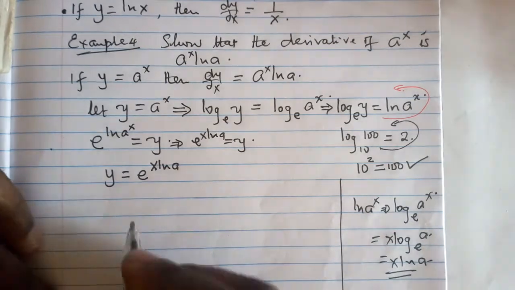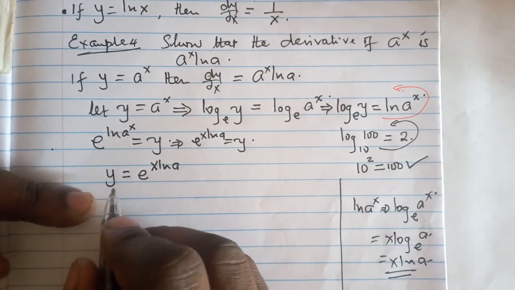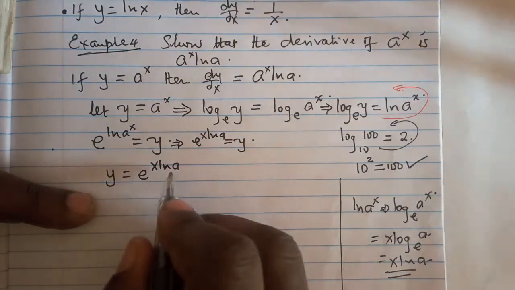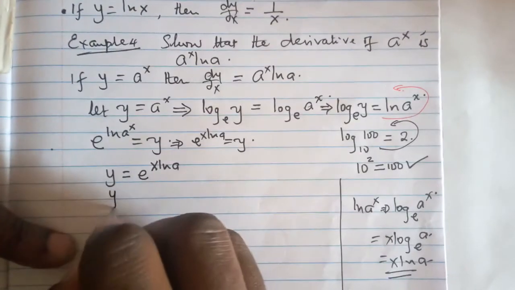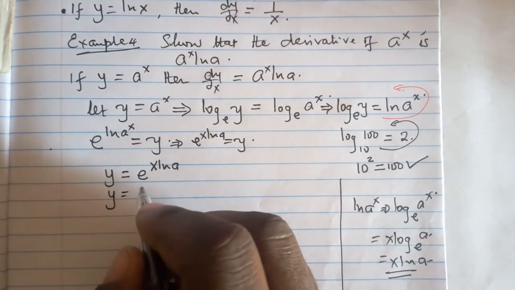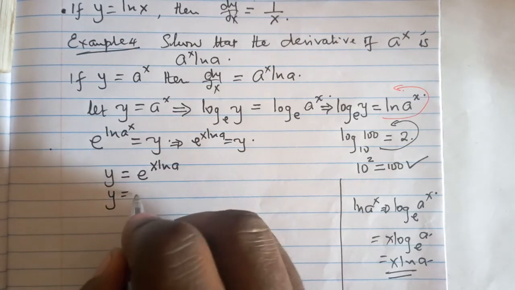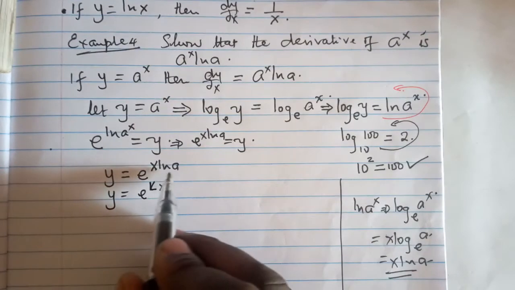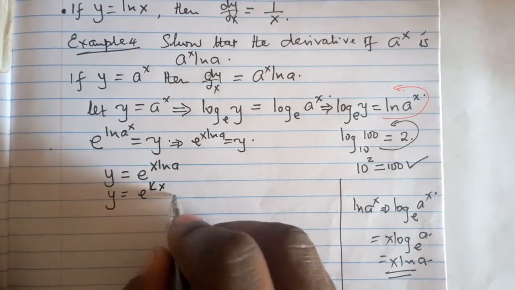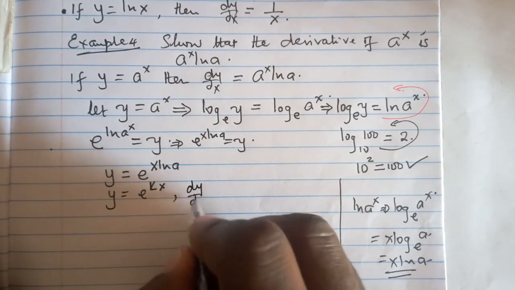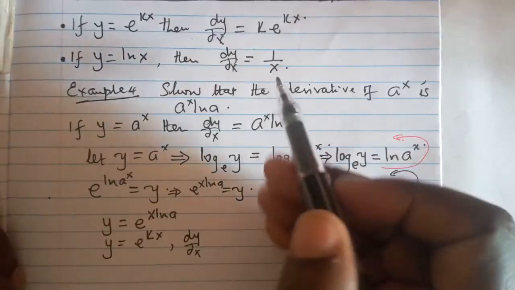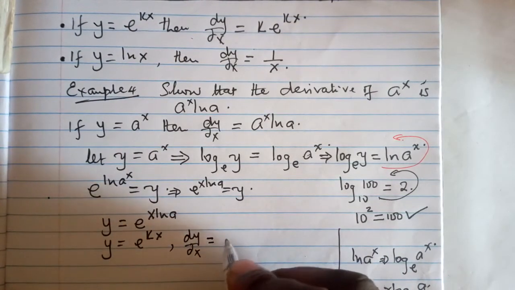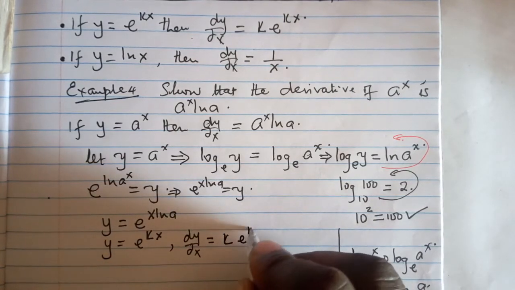Everybody should note that. So y is equal to e raised to power x ln a. This is already in the form of y is equal to e raised to power kx, where k now happens to be ln a. If this is true, then we know dy dx according to this should give us k e raised to power kx.